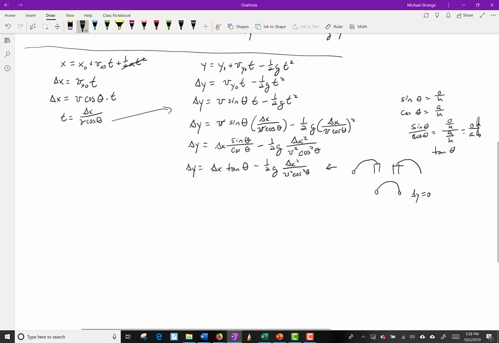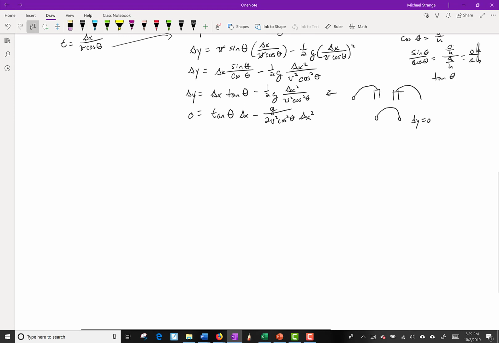So then we can solve this. So 0 is equal to, I'm going to flip this around, tan theta delta x minus 1/2 g. Let me rearrange this a little bit. This is going to be g over 2v squared cosine squared theta times delta x squared.